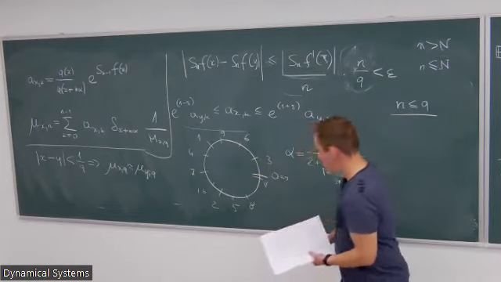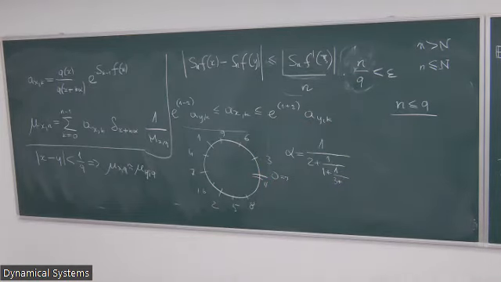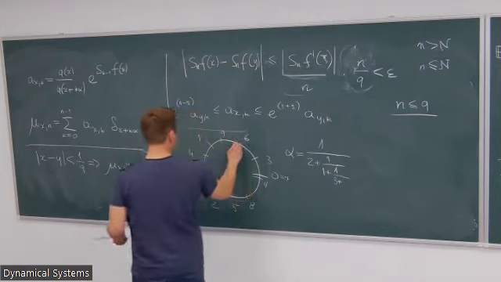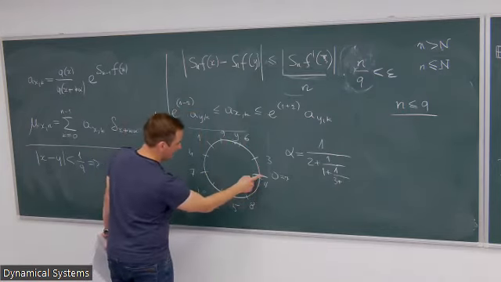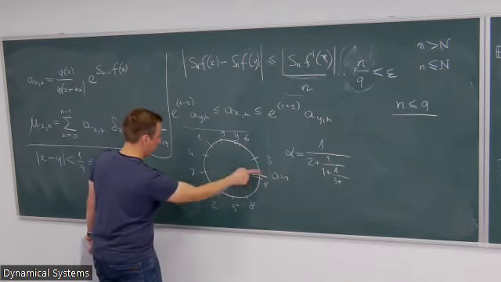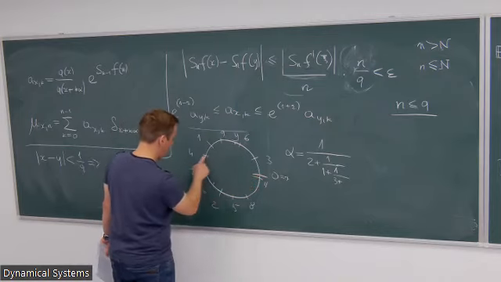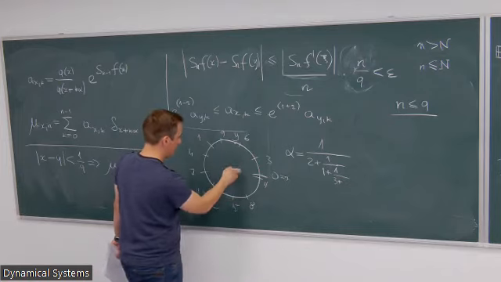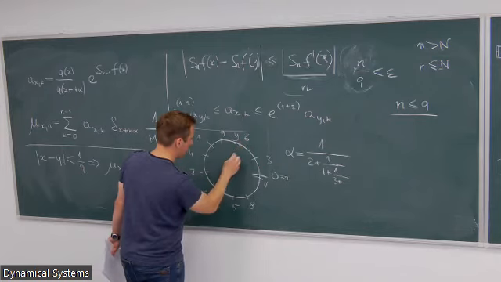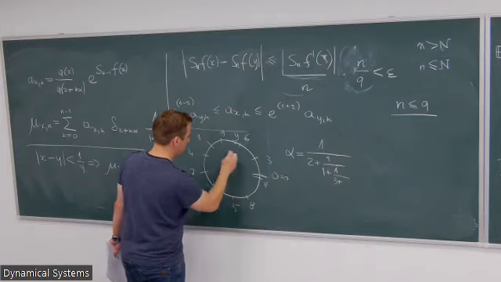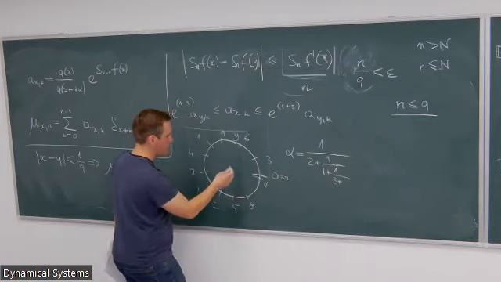We start from here, and we take some other point like here. So let's start from x. We move 0, 1, 2, 3, 4, 5, 6. And that's an important moment because this point of the trajectory of x approaches y with accuracy 1 over q.